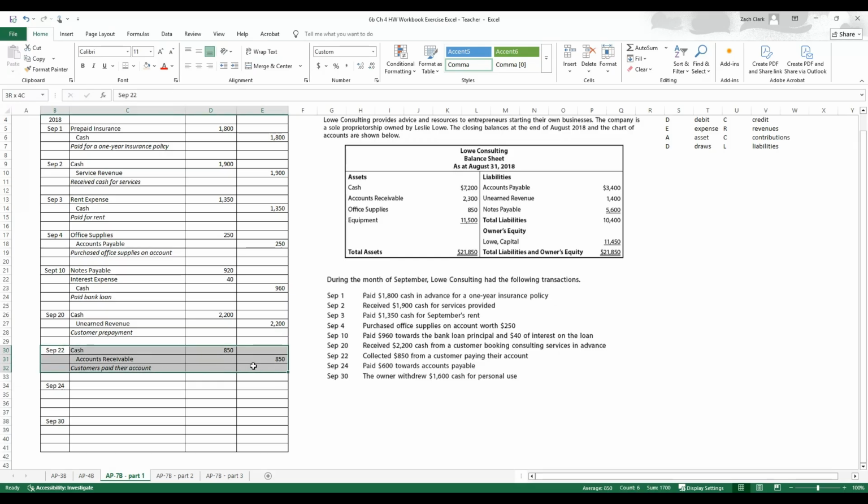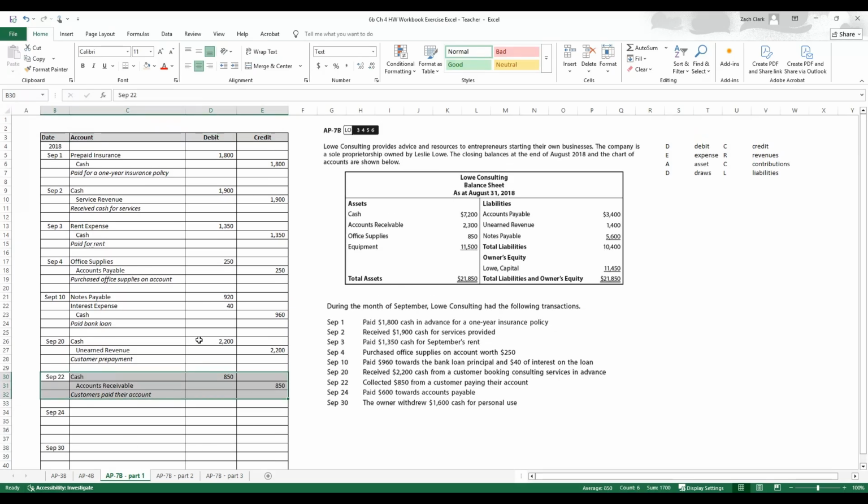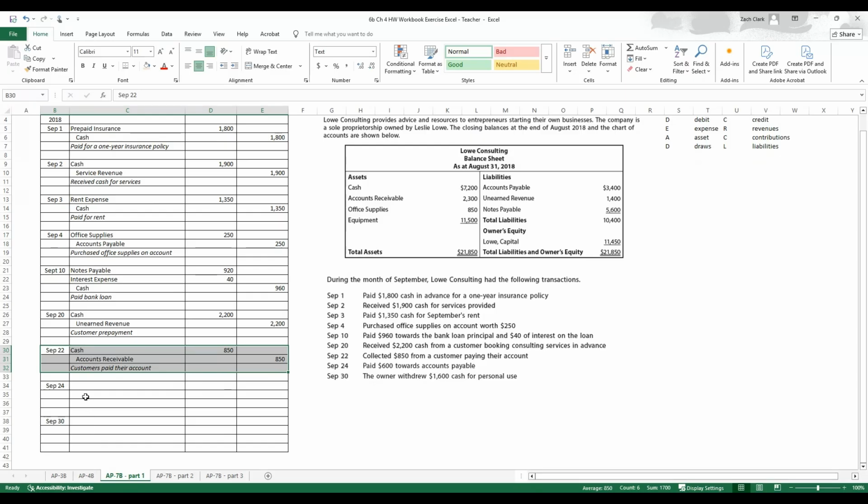And this is, as I talked about previously in the last workbook exercise problem, the second part of a 2-part transaction anytime there's accounts payable or receivables. The first transaction would have been us earning revenue and increasing the accounts receivable, and then this is the second part of the series that's always going to happen at some point.